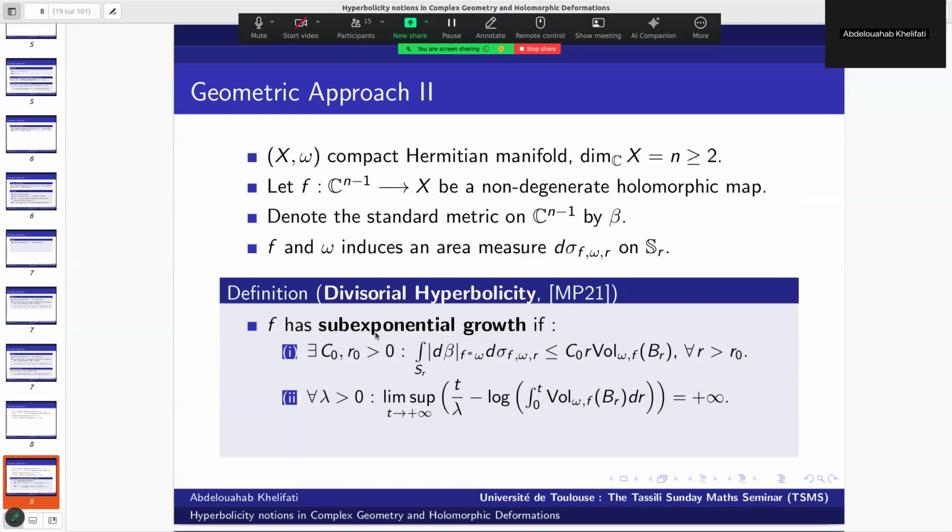In dimension 1, having any non-constant holomorphic map is equivalent to having a holomorphic map with a constraint, with controlled velocity. So it implies in particular that we have a finite order volume growth with respect to this holomorphic map, which is not the case in higher dimensions. This is why we need this condition of sub-exponential growth.